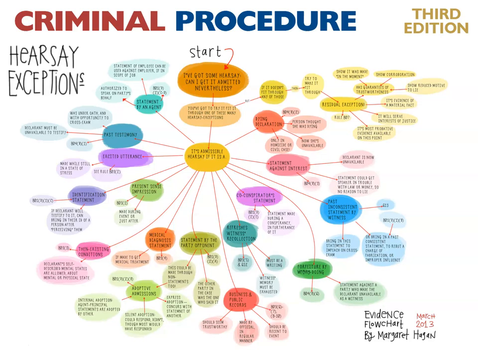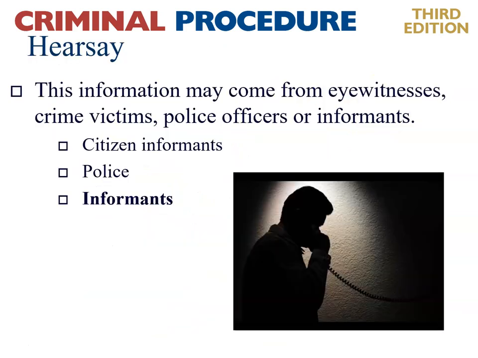So, again, it's a very complicated thing. But this is, again, information that may come from individuals to include, let's say, eyewitnesses or crime victims or police officers or informants.